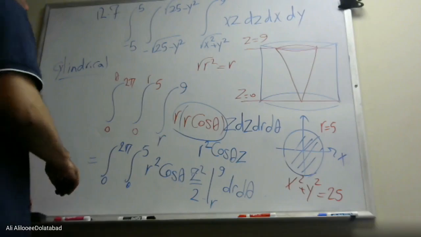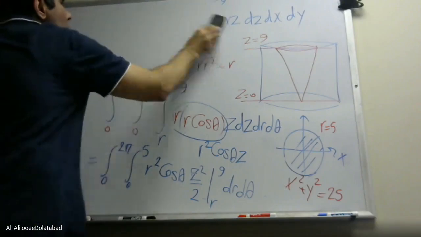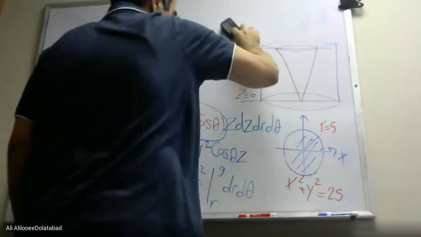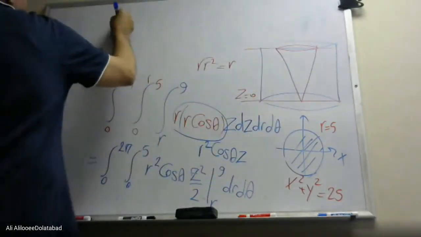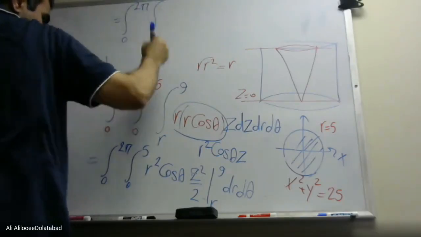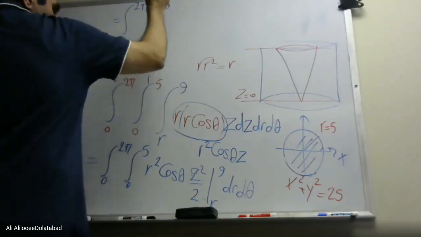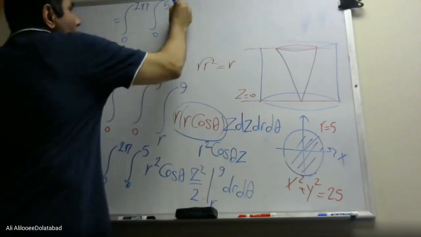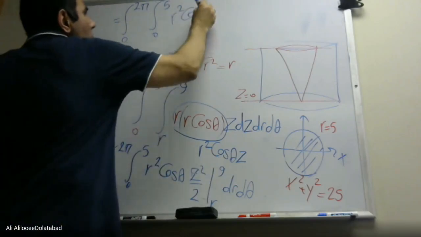Okay, then let's continue here. We have 0 to 2 pi, 0 to 5. Then if I plug in 9 and r, you have r squared cos theta.